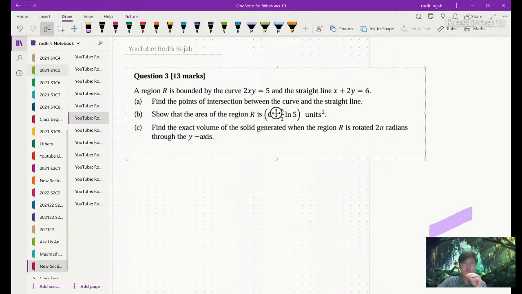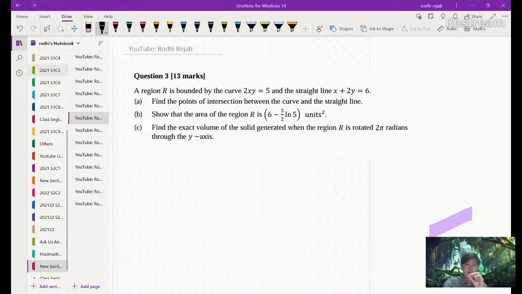Okay, let's continue with question 3. A region R is bounded by the curve 2xy equals 5 and the straight line 2x plus 2y equals 6. A. Find the points of intersection between the curve and the straight line.